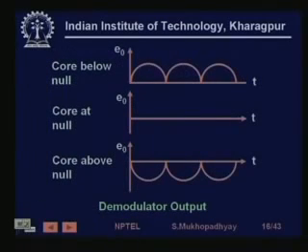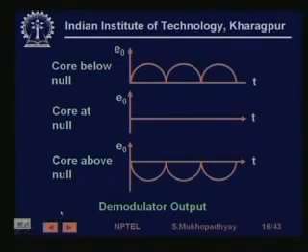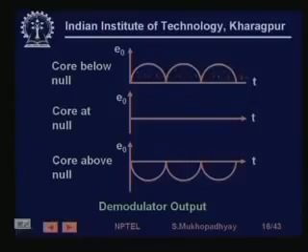So only we want to say that using phase sensitive demodulation, if the core is below null, then you get a rectified wave, and if the core is above null, then you get a rectified wave which is negative. If you simply low pass filter this wave, then you will get a DC.